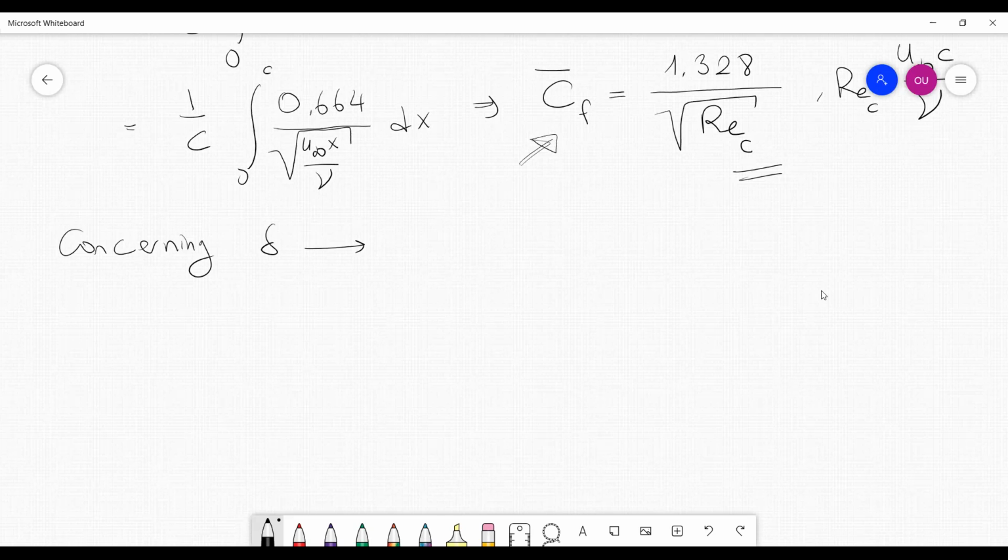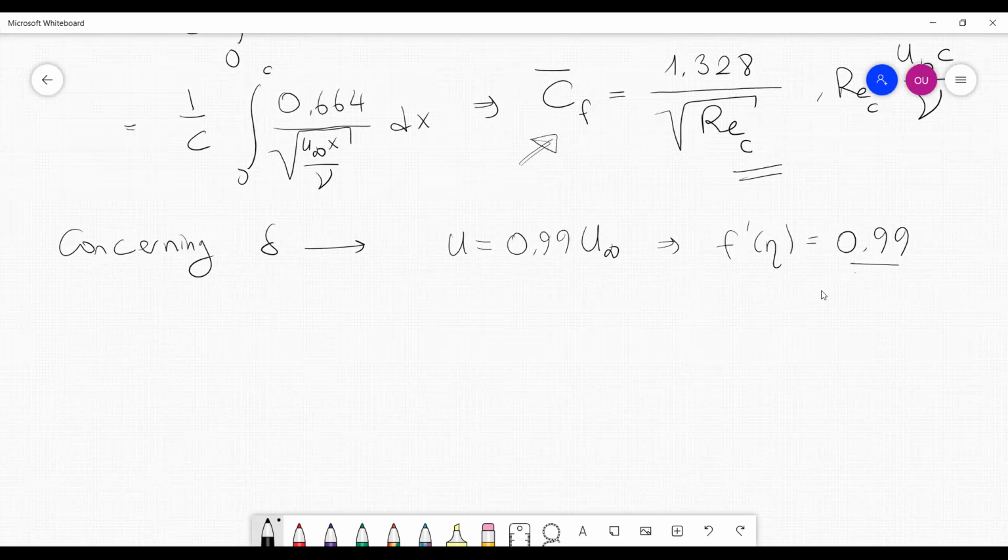We said delta is where we have U equal to 0.99 of U infinity or U edge, and U over U infinity, as we know, is F prime of eta. So F prime must have a value 0.99 at that location, which we will call the boundary layer edge, where we have the boundary layer thickness.